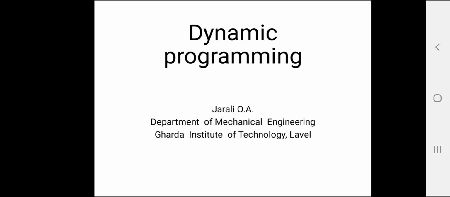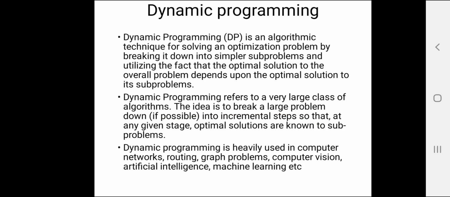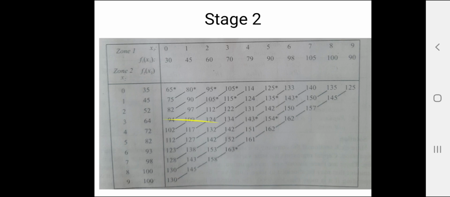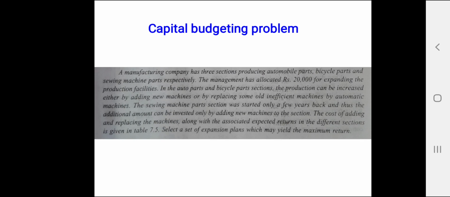In the last lecture we discussed one example, the employment smoothing problem. Today we'll see the capital budgeting problem. So let us see one example. You can see on your screen one question.